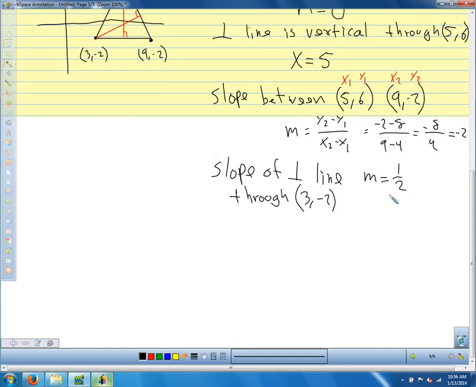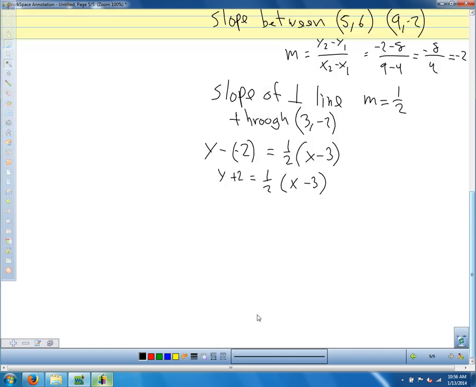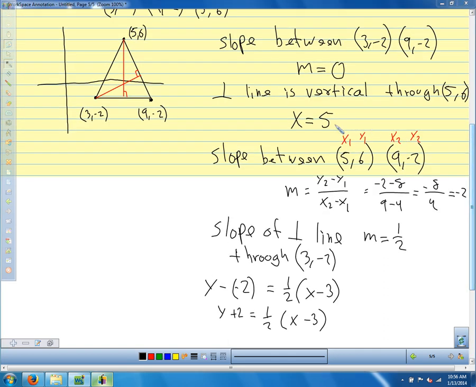So now I can use my point slope form. y minus y1 equals the slope, 1/2, times x minus x1. Point slope form. So I get y plus 2 equals 1/2 times x minus 3. Well, the other line is x equals 5.